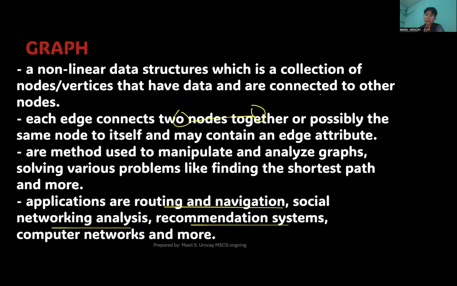In the real world right now, network analysis uses graph algorithms, since that is fundamental in designing and managing computer networks, to optimize the flow, the connectivity, and the communication protocols of that certain network.